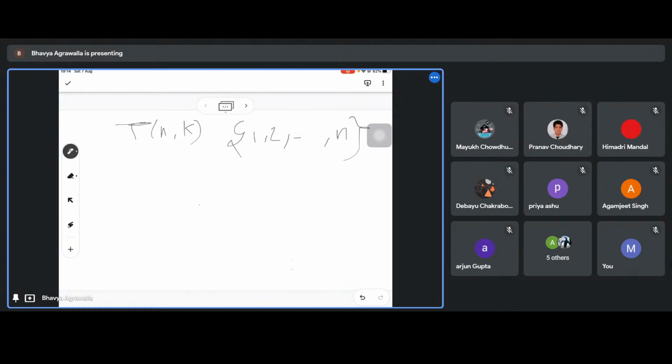So t of s will be something like T of n comma s plus T of n comma p plus s, plus T of n comma 2p plus s, and so on, right?